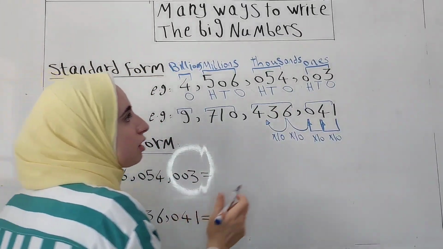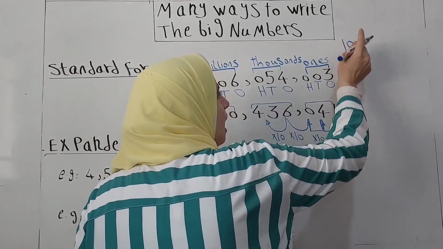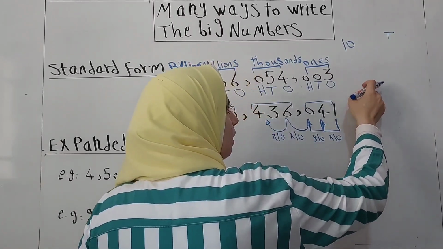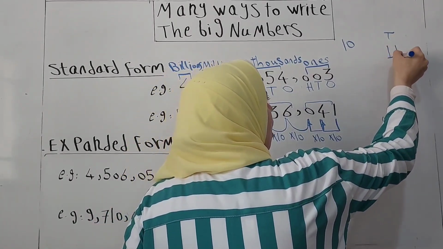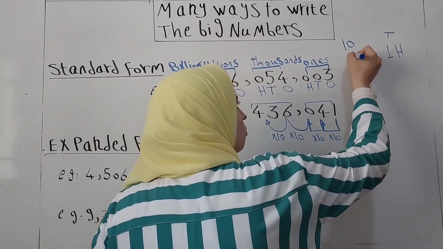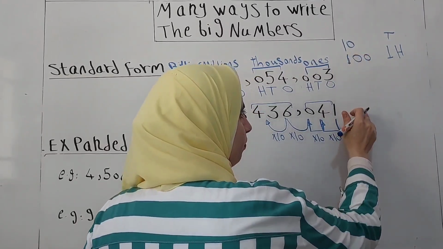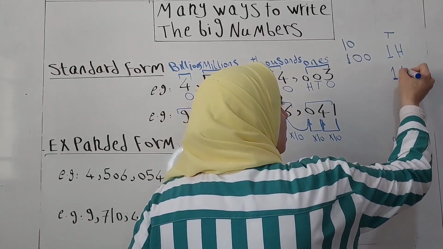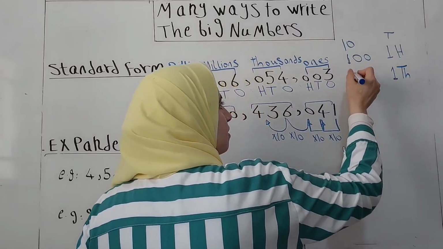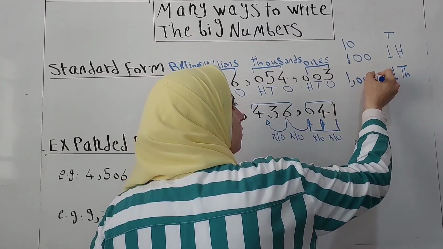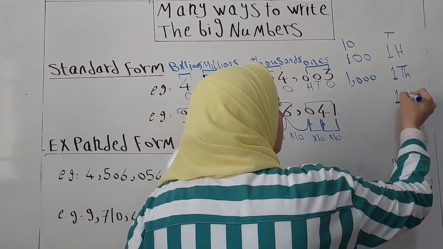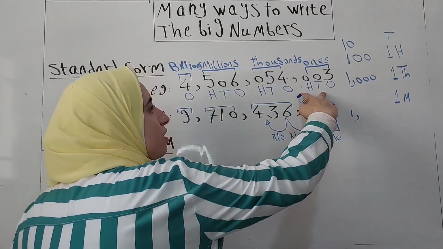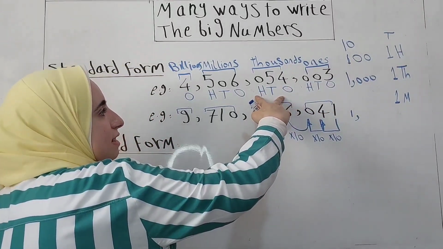We know that 10 has 1 zero, and 100 has 2 zeros, and 1000 has 3 zeros, and 1 million has 6 zeros: 3 for the first family and 3 for the second family.